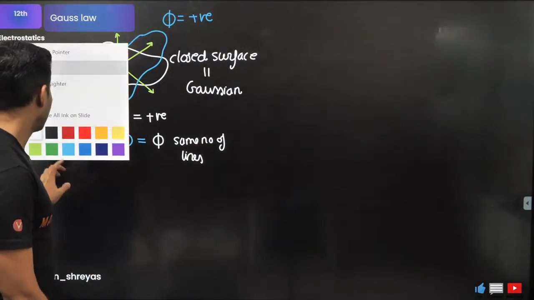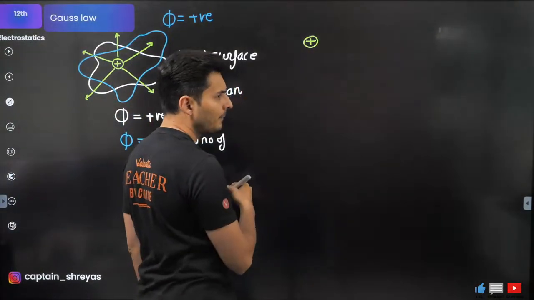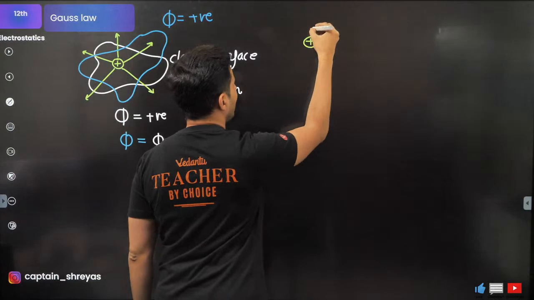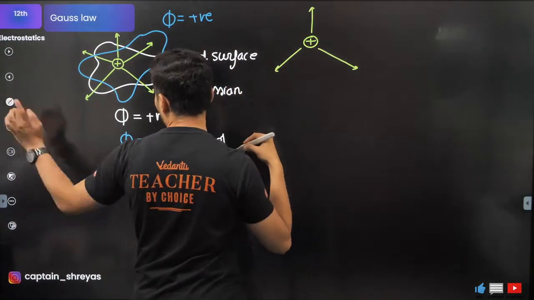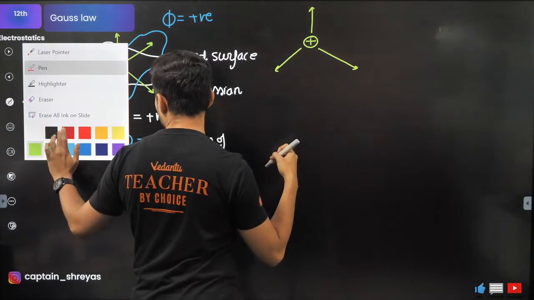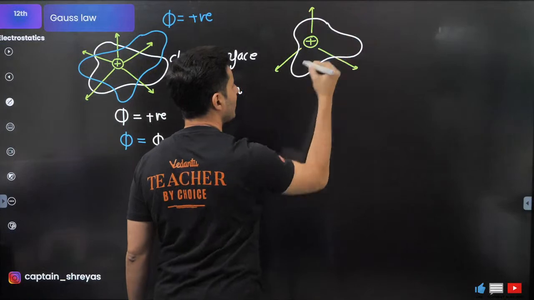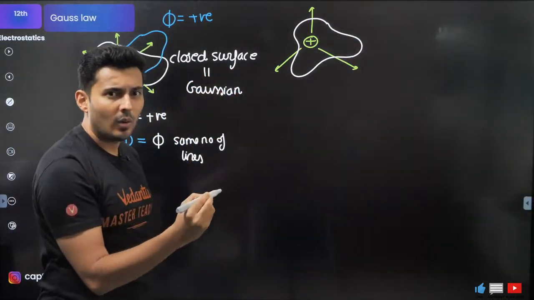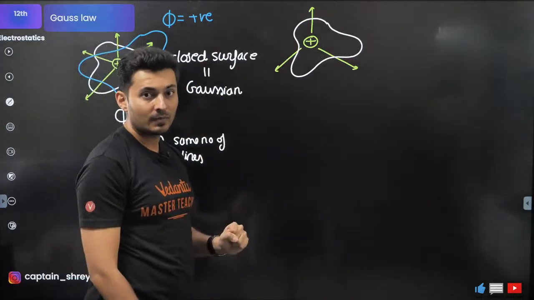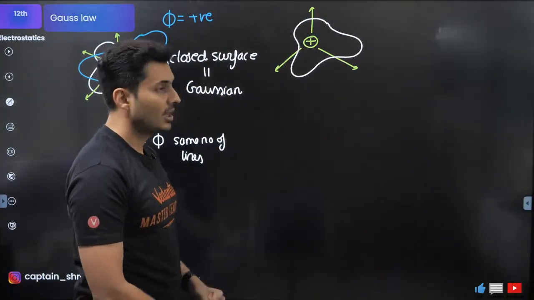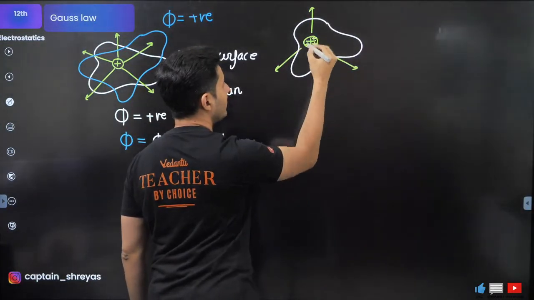Now let's take another example. Let's say I take a positive charge over here and I see that these are the field lines coming out of it, and I take a Gaussian surface. Let's say this is my closed surface or Gaussian surface. Now what I do is I increase the charge inside this. I add some charge, maybe I make it more positive.